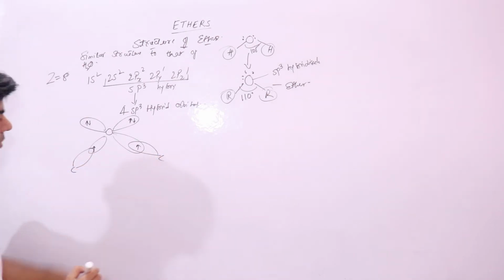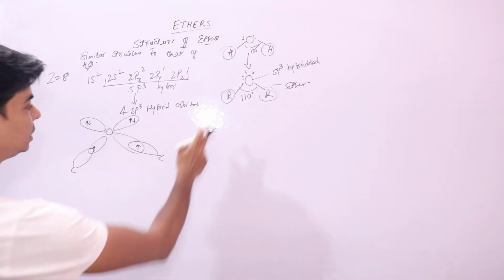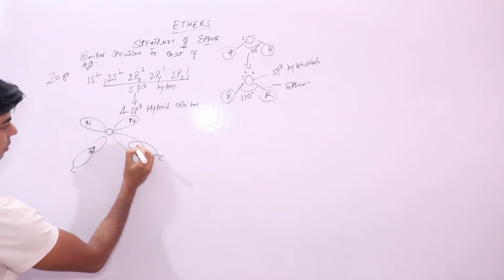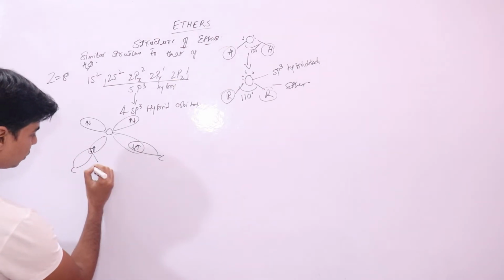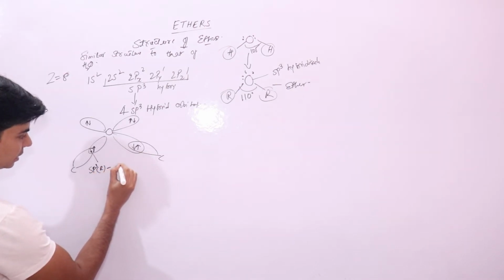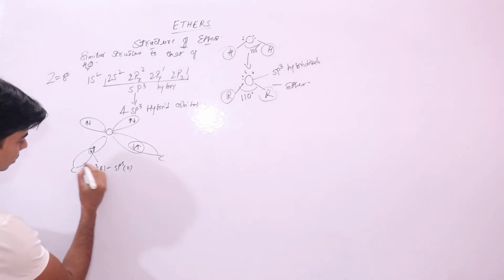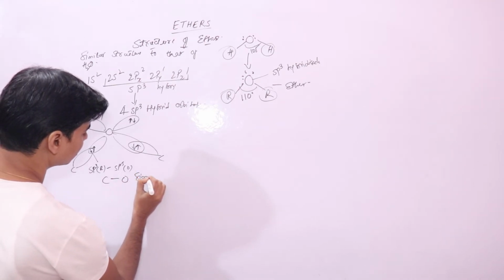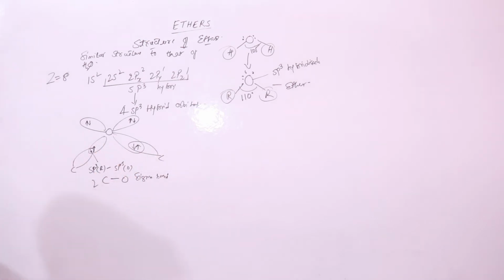This is carbon, and these are from your two alkyl groups, the sp3 of the alkyl group and the sp3 of oxygen, to form a carbon oxygen sigma bond, two carbon oxygen sigma bonds.